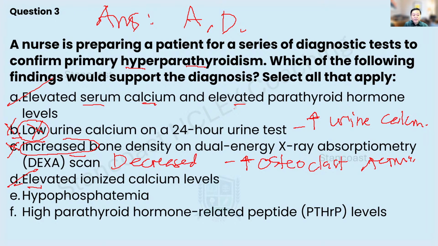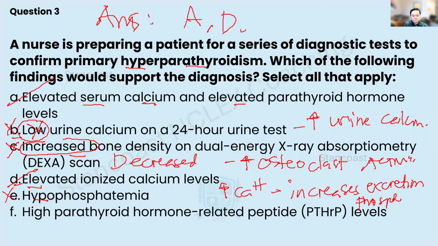When there is excess calcium, this can increase the excretion of phosphorus by the kidneys. That is why the patient will have low levels of phosphorus in their bloodstream. Increased excretion of phosphate or phosphorus.